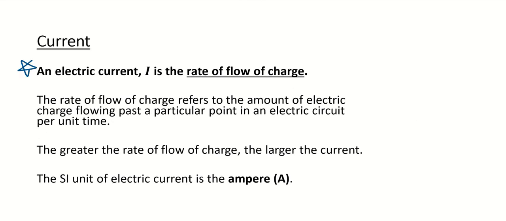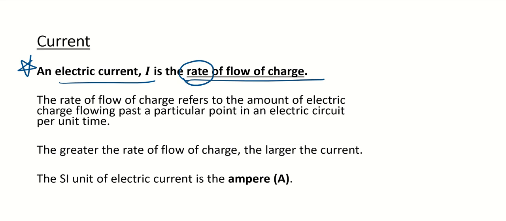Okay, so now we go into some more terms. This is a definition for electric current, right? Electric current, like what I mentioned just now, it is denoted by a capital letter I. It is the rate of flow of charge. Okay, so rate is how much per second, right? If I ask you what is your typing rate, or what is your rate at McDonald's, it is maybe $5 an hour.